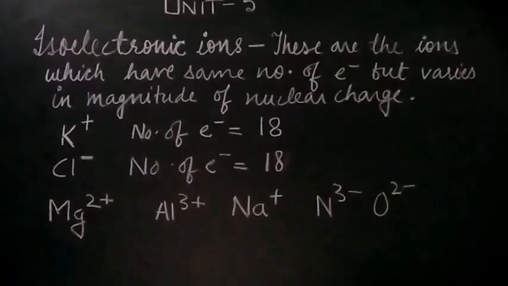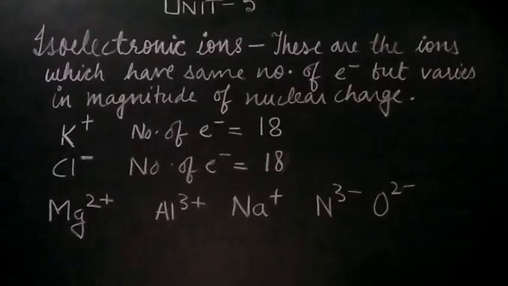So here, if we just see the magnesium ion, sodium ion, and we have the oxide ion and the nitride ion, among these the size of the nitride ion is going to be more.